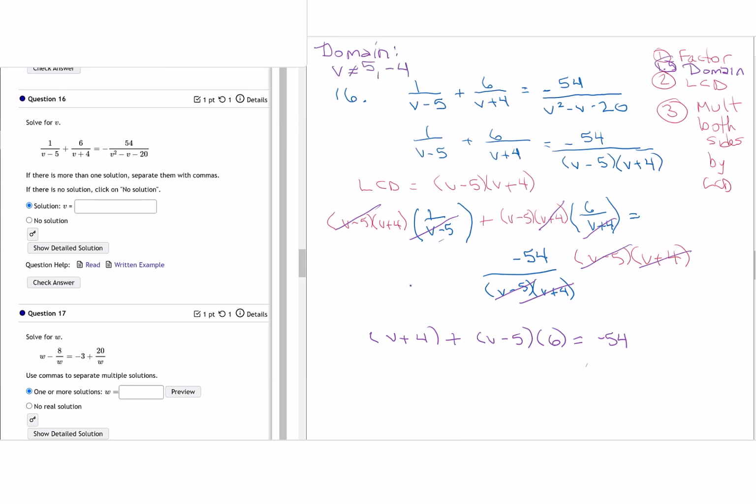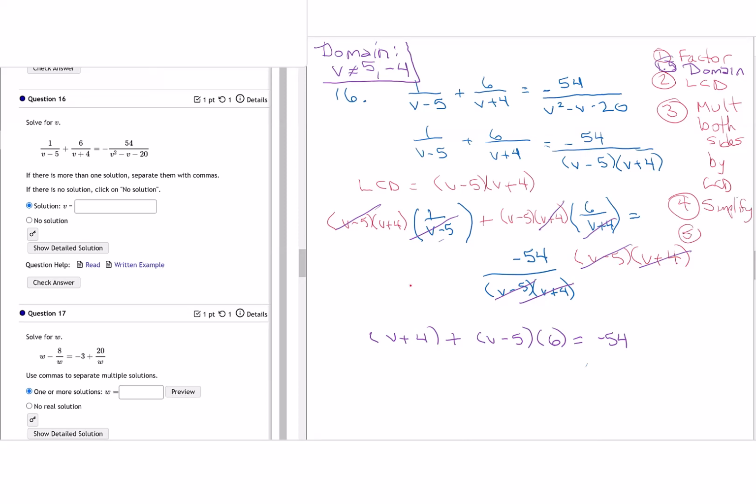If it's either one of these two numbers, there's going to be a 0 in the denominator, and we give up right away. If the answer is not either one of those two numbers, we're doing great. I took something really complicated. I factored, found the domain, found the least common denominator, and multiplied both sides by the LCD. The next step, I simplify, which is where we are right now.